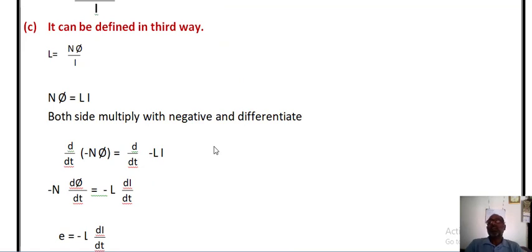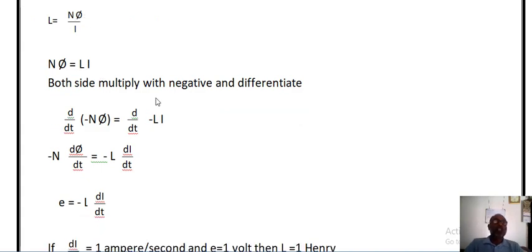Now it can be defined in a third way. Already we have seen L is equal to N phi by I. So we can write N phi is equal to L i. Now both sides multiply with a negative sign and differentiate with respect to time.